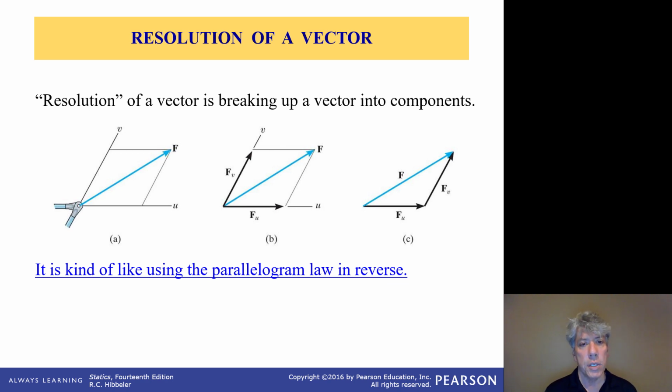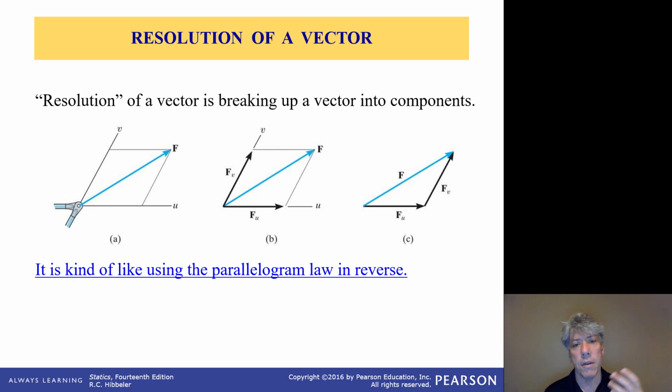What you do is simply draw a line parallel to the U axis from the tip of F, and a line parallel to the V axis from the tip of F. And basically, it's the reverse of the parallelogram law. That's all it really is. And basically, where those two lines land on the V and U axis indicate the amount of length that vector F has along that axis.